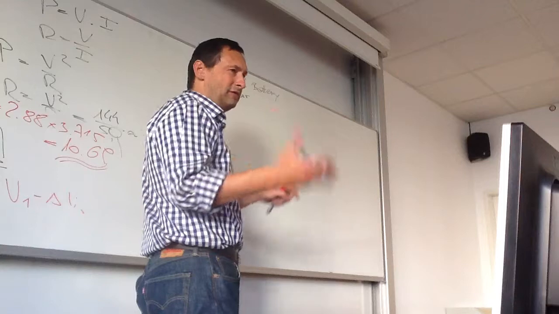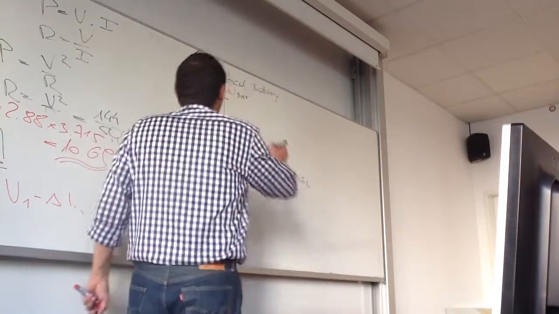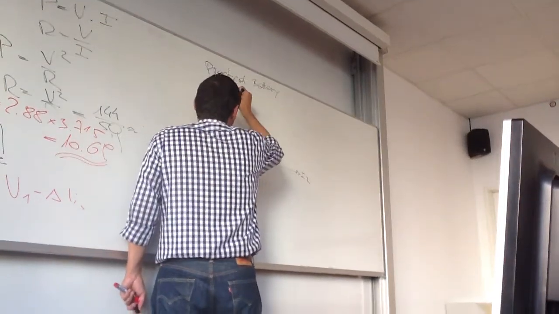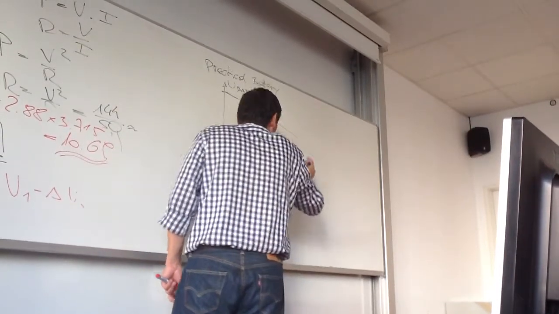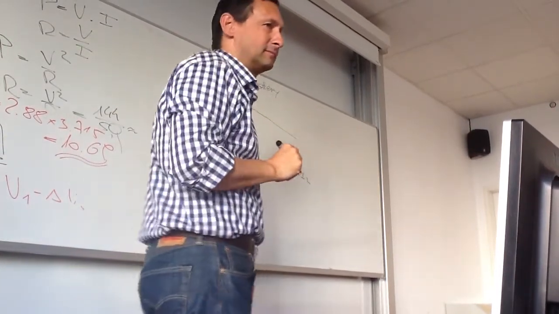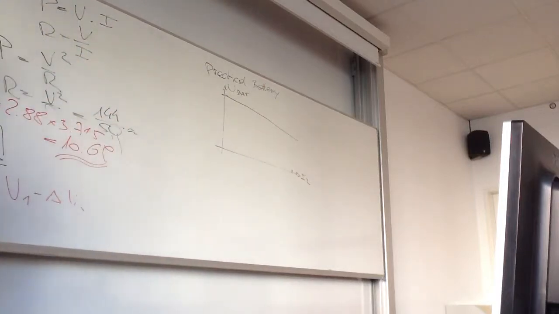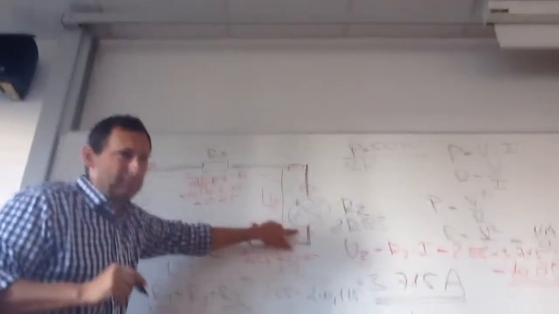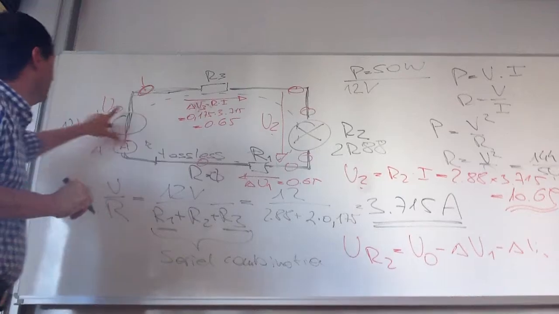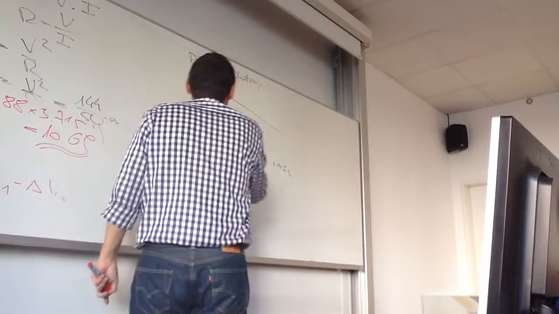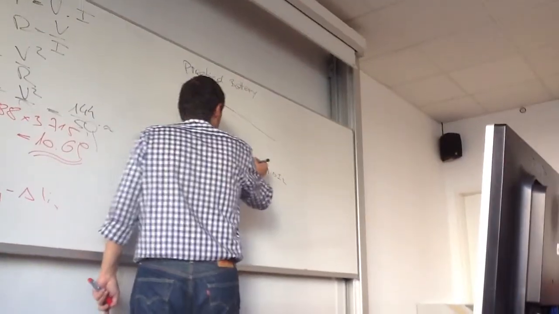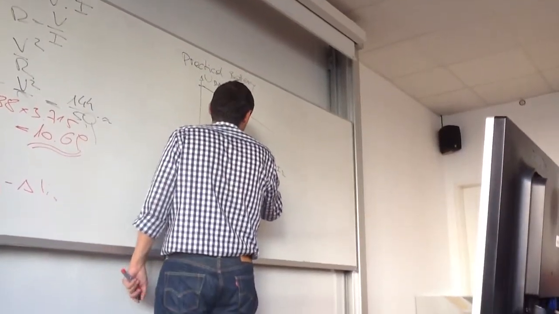But we take a 12-volt bulb, and normally the battery voltage will drop the more you load the battery. So that means that if you load the battery with the bulb, you will not see 12 volt here. You will see maybe 11.8. Okay. So that's zero current.